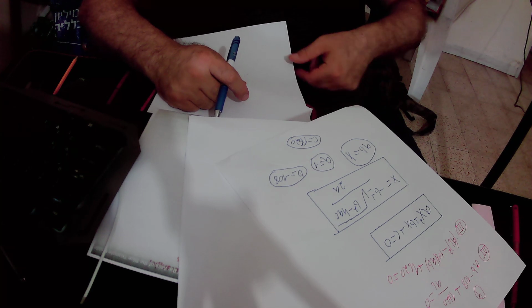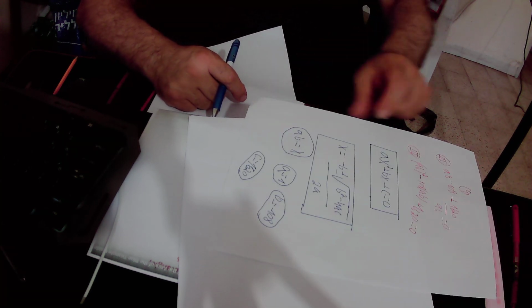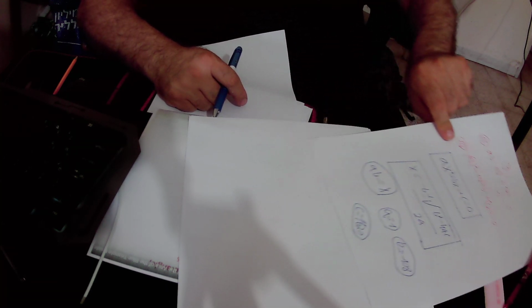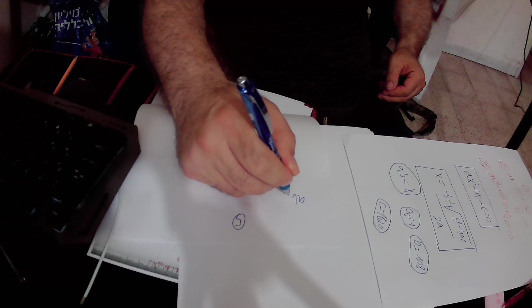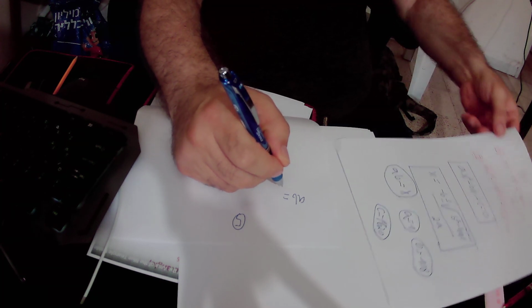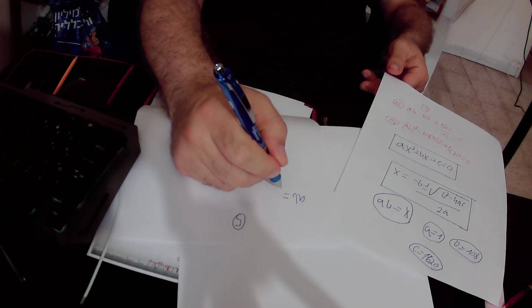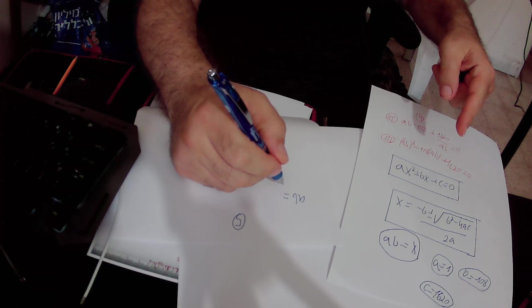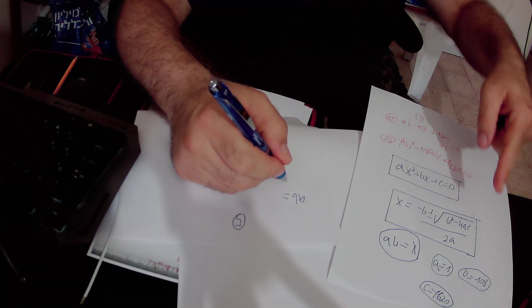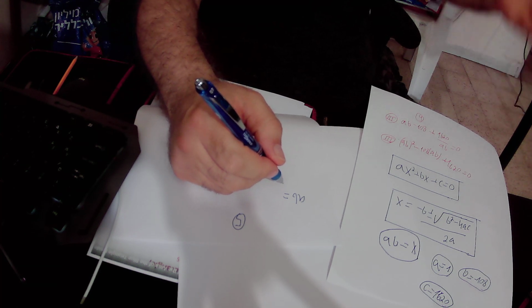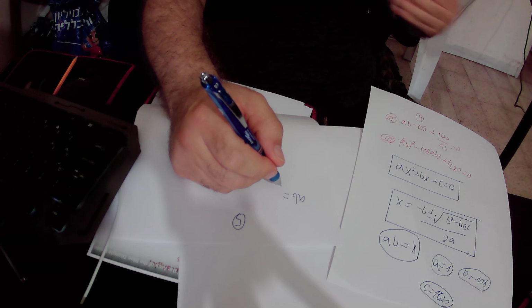So X is AB, so we can write that AB equals minus B, but B, as we found out, equals minus 180. So minus B is minus 180, and minus times minus is plus.